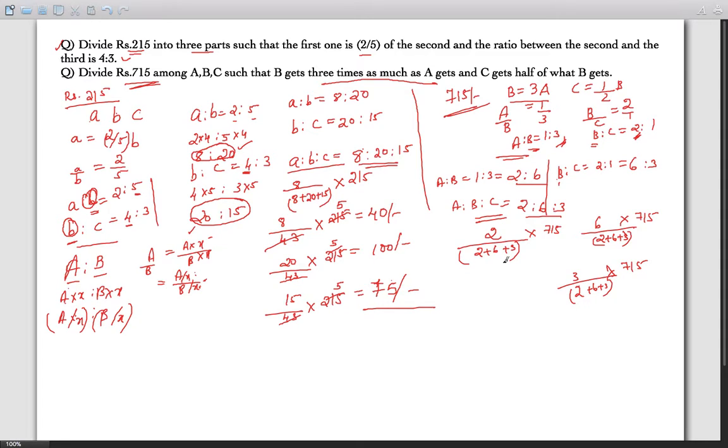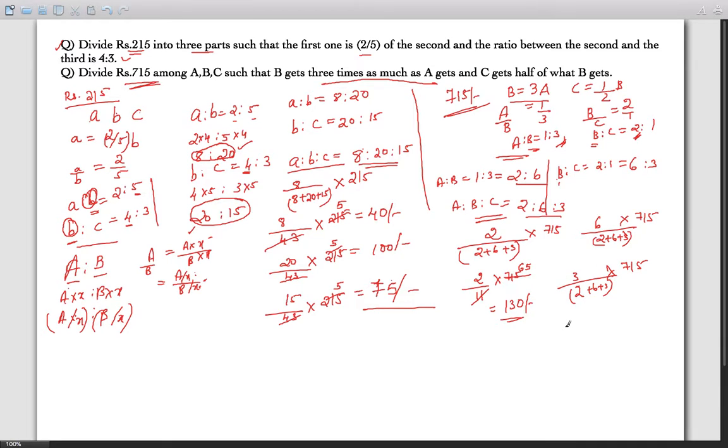Now when you simplify this, 2 plus 6 plus 3 is 11, so 2 by 11 into 715. 11 goes 65 times, 65 times 11 is 715. So its value here is 65 into 2, which is 130 rupees.